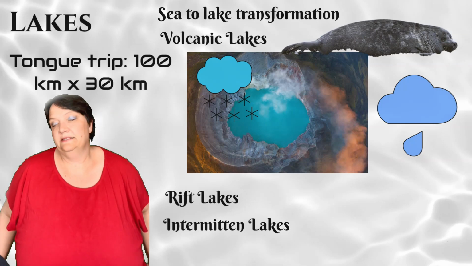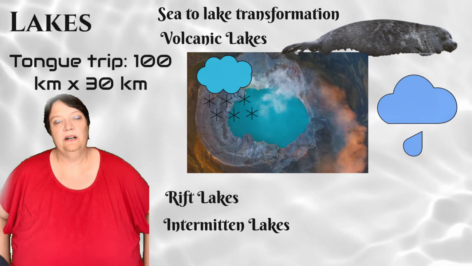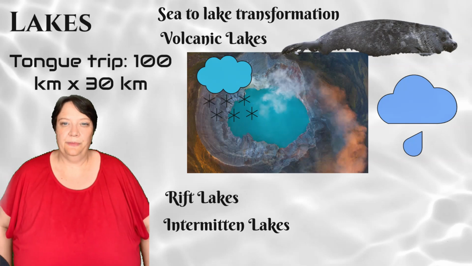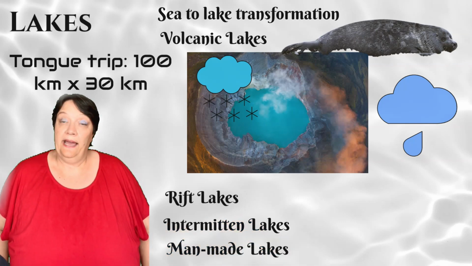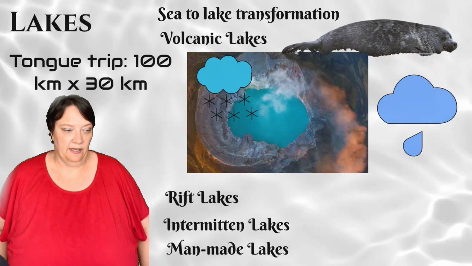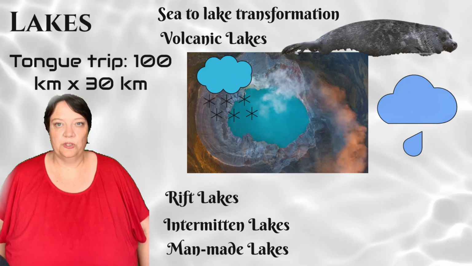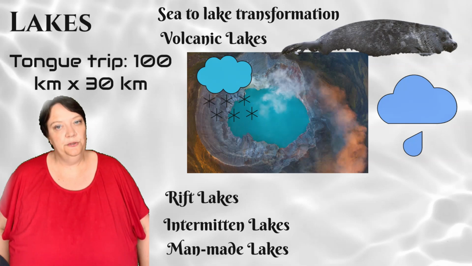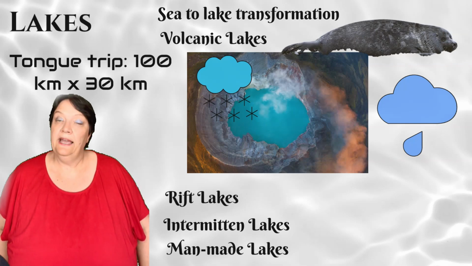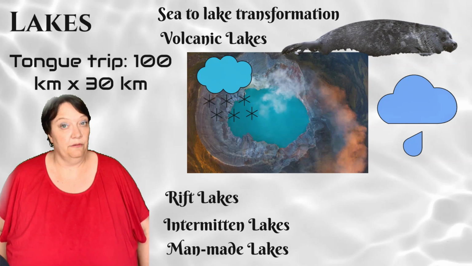And then the last type of lake that I want to talk about is man-made lakes. Now, the best example in our world is Lake Nasser in Egypt. And basically it was made by diverting the Nile. What it achieved was it unshackled Egypt from the flood cycle of the Nile. It reduced Egypt's chance of flooding, and it reduced Egypt's chance of droughts.